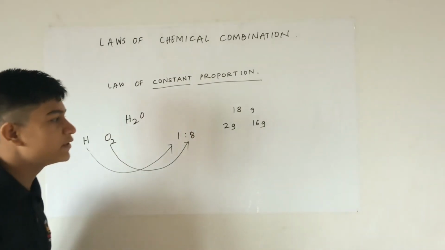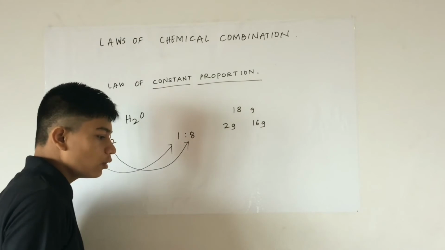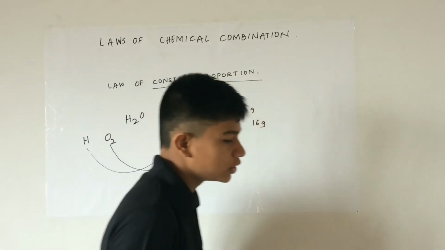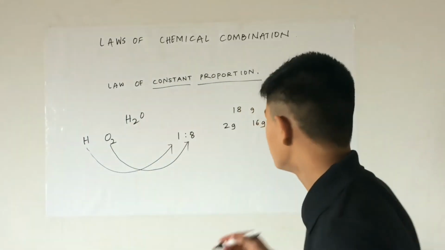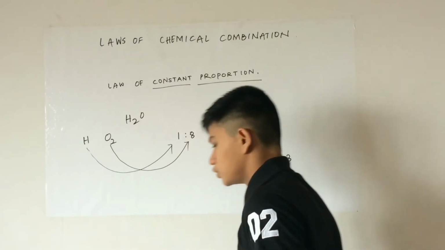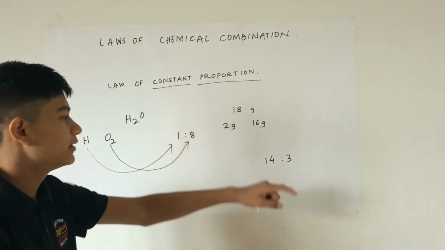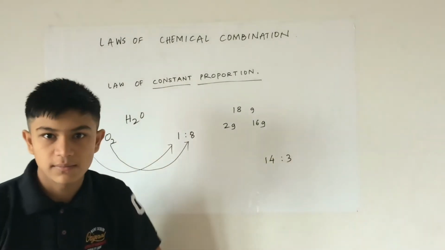Another example given in the textbook is ammonia. Nitrogen and hydrogen are in the ratio 14:3, so the constant proportion is 14:3.